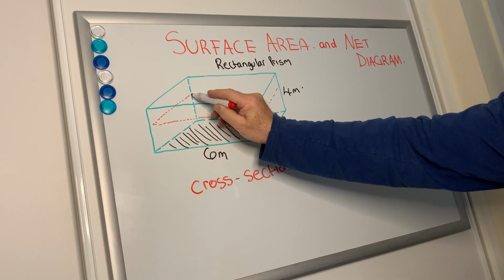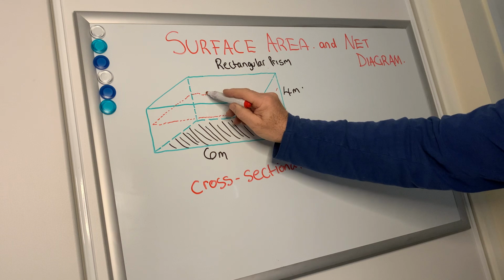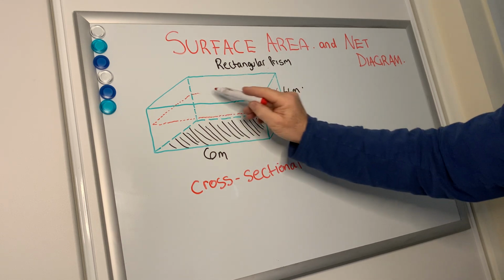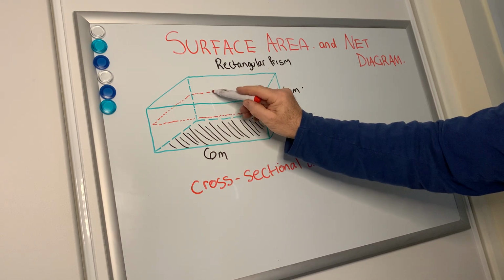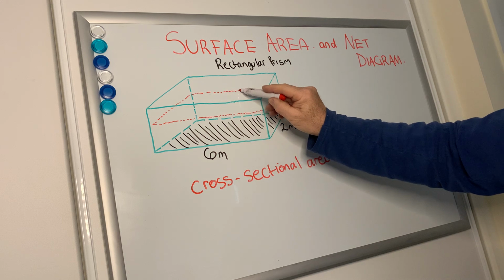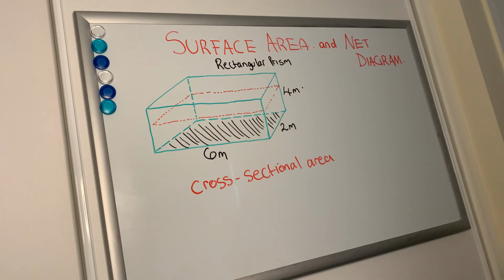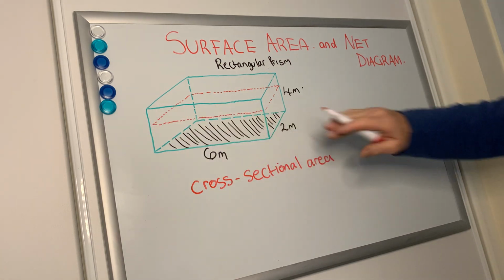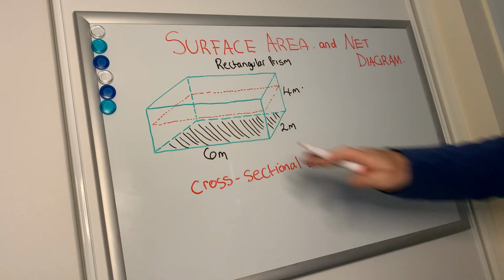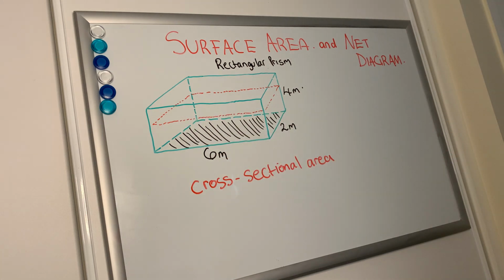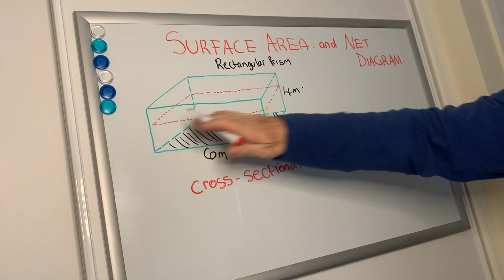That's like the cross-sectional area. It's almost like we're cutting a piece of cheese or a cake, or whatever the case may be, but slicing it through.